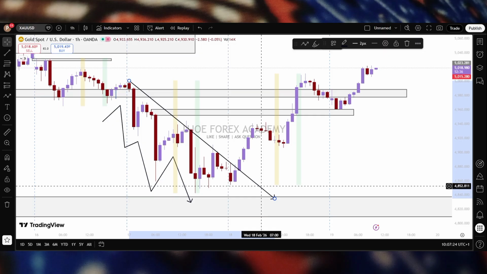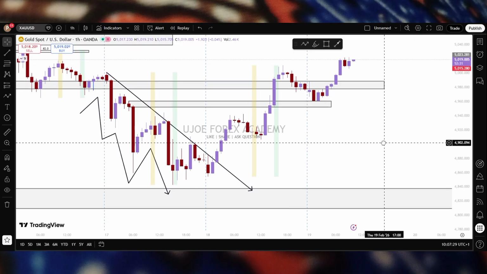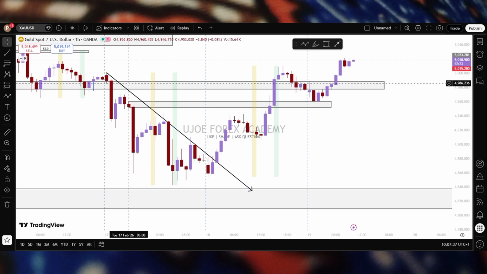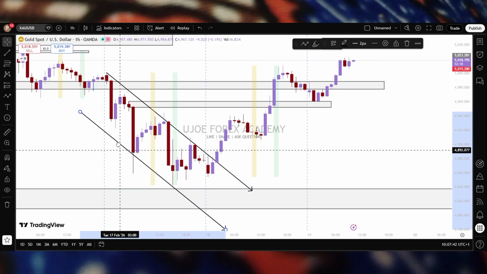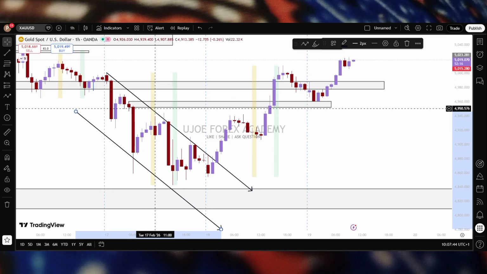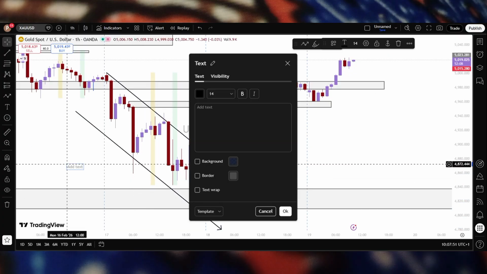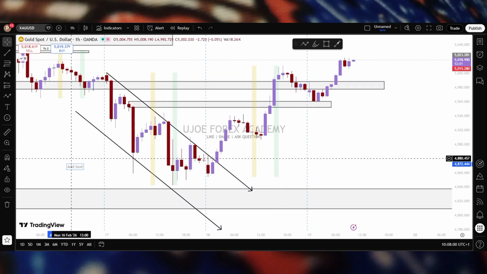We're having lower highs here, and we're having lower lows here. When we have lower highs and lower lows, and it kept on like that, it's the same thing being replicated all through this point.